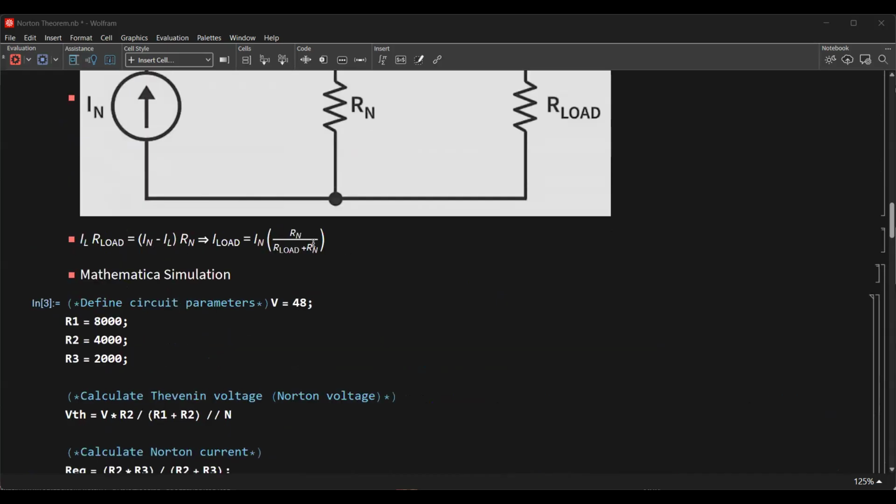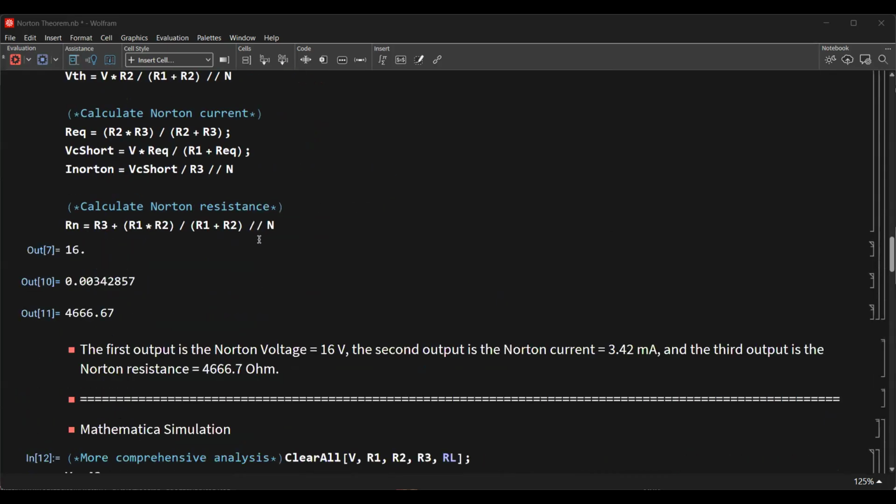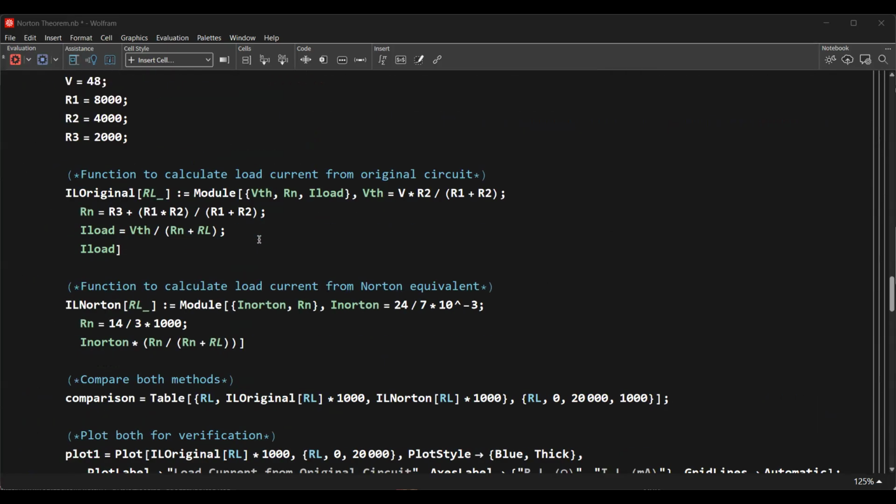Using this formula, we get the Norton load current.